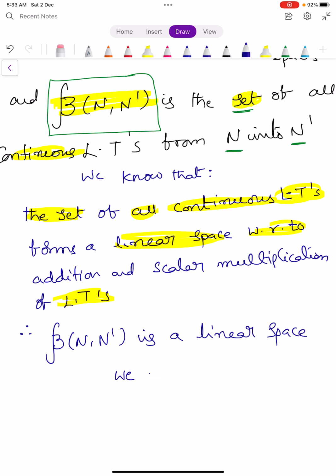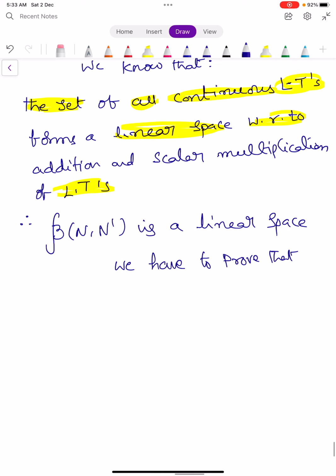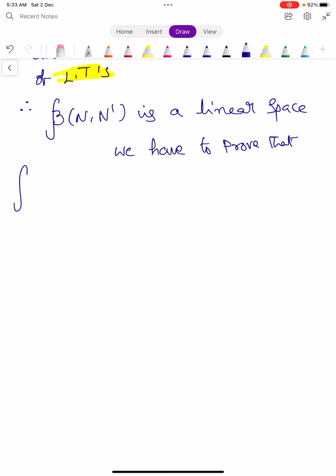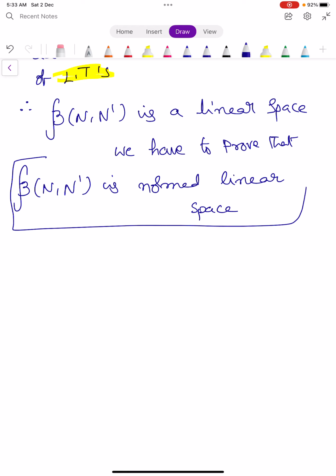We have to prove that this script B of N comma N dash is a normed linear space. So the first part is to show that script B of N comma N dash is a normed linear space.